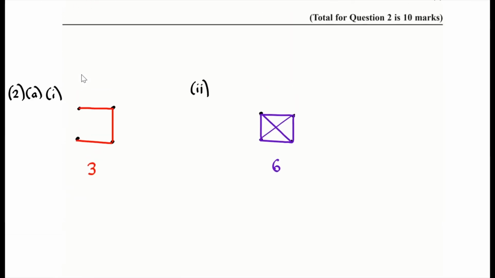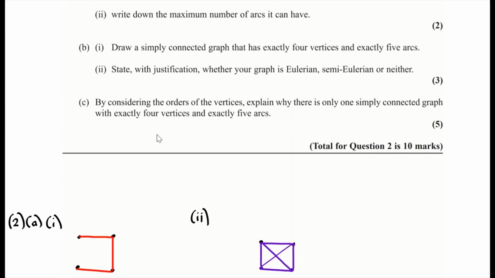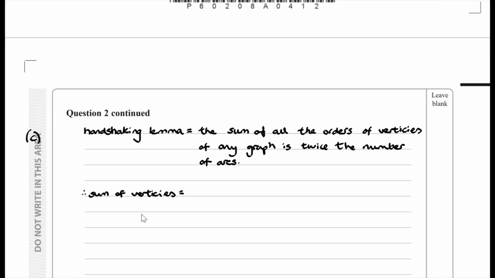Okay, now part C, that's a bit more tricky. By considering the orders of the vertices, we have to explain why there is only one simply connected graph with exactly 4 vertices and exactly 5 arcs. Well, here we have to use the handshaking lemma, and I'll just write the definition of that down. So the handshaking lemma: the sum of all the orders of vertices of any graph is twice the number of arcs.